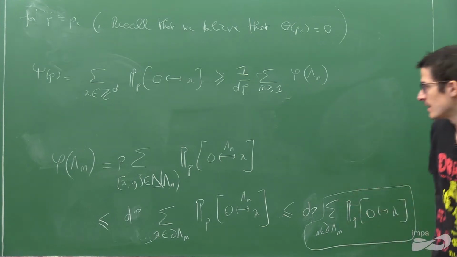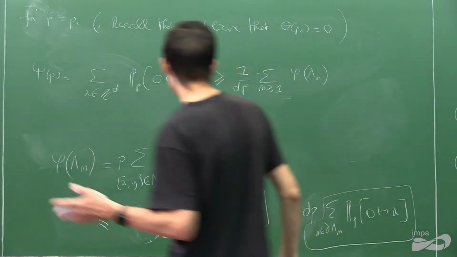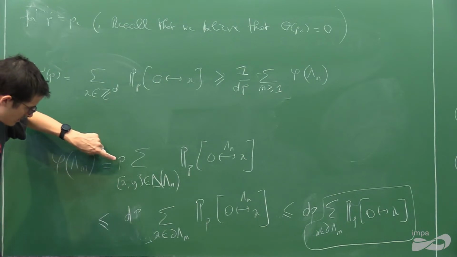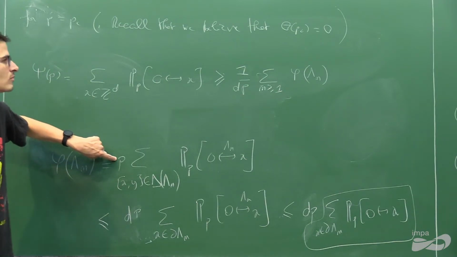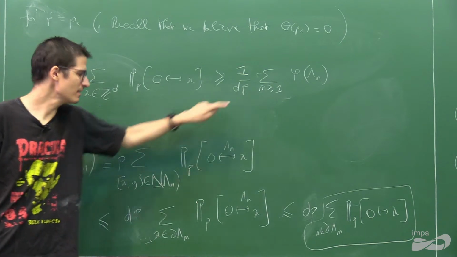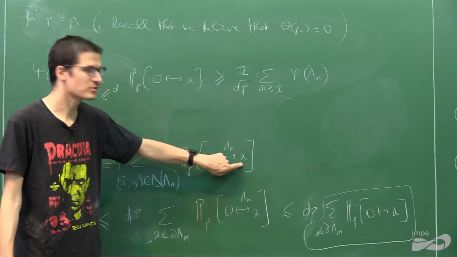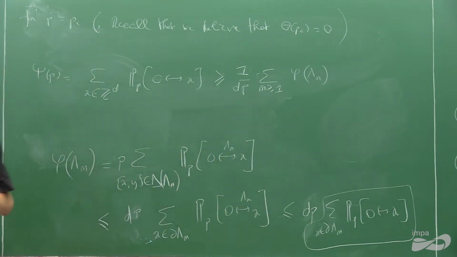Okay, and basically the only difference I have is here I have this prefactor p. So you have to get this 1 over p here. And here, I'm not counting the edges on the boundary, the vertices on the boundary. I might count them more than once, just because there might be as many as d outgoing edges from the boundary.